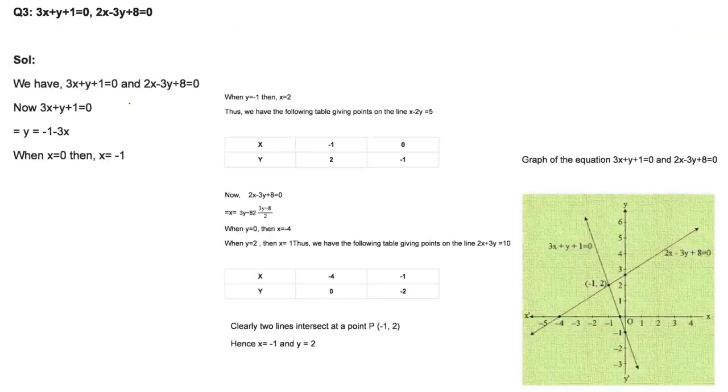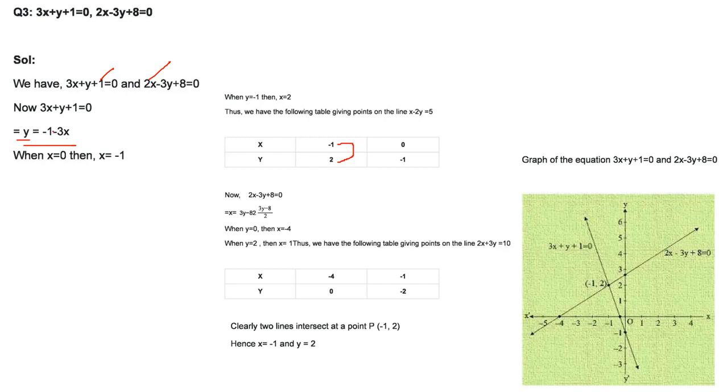So I'll just go through other questions like this quickly. So 3x plus y plus 1 equal to 0, 2x minus 3y plus 8 equal to 0. These two are lines. So y can be written as minus 1 minus 3x. Put x equal to minus 1, you get y. It totally depends on you whether you want y on the left side and x on the right side, or x on the left hand side and y on the right hand side.